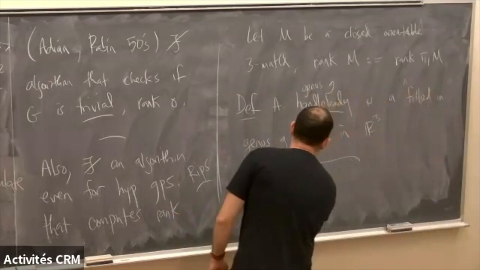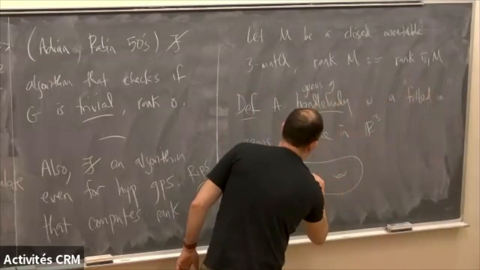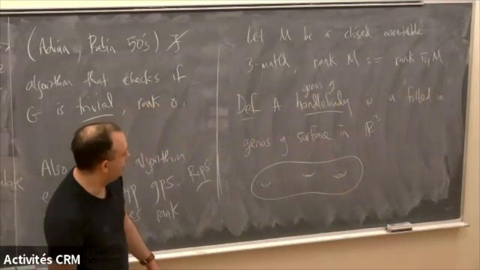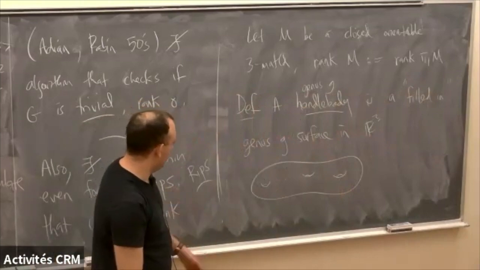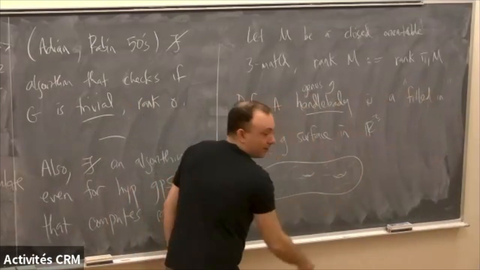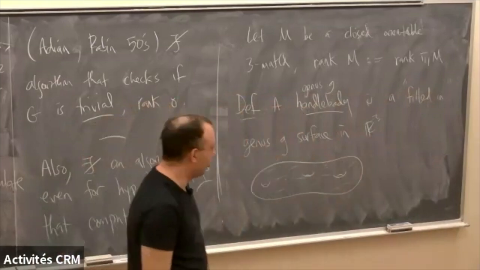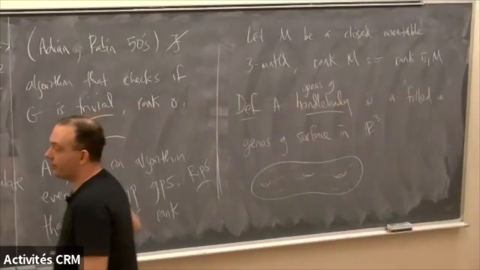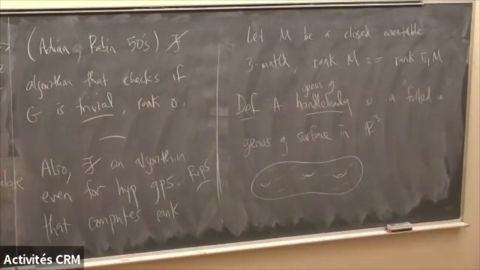It's the 3 manifold that you get by taking a genus G surface sitting in R3 the way that you picture it in your heart, and then you fill in the inside. So it's a 3 manifold with boundary. You can think about it that way.